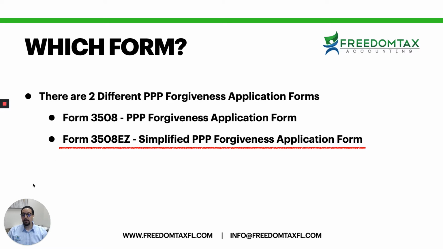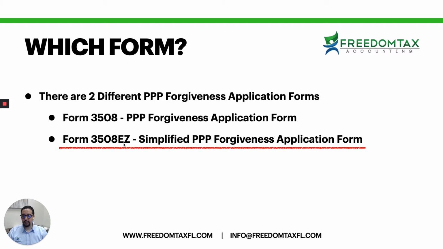Okay, now, which form do you need to fill out for the PPP forgiveness? There are two different PPP forgiveness application forms. There's Form 3508 and there's Form 3508EZ, which is the simplified PPP forgiveness form.